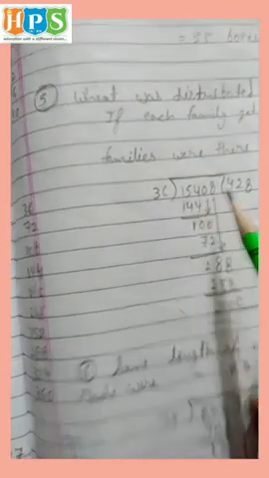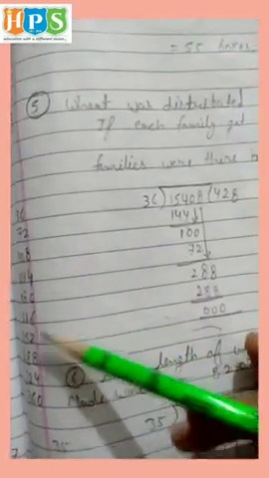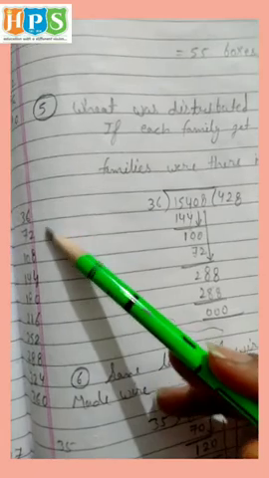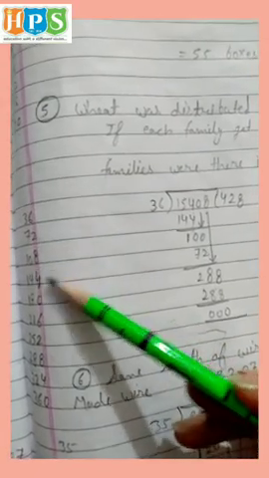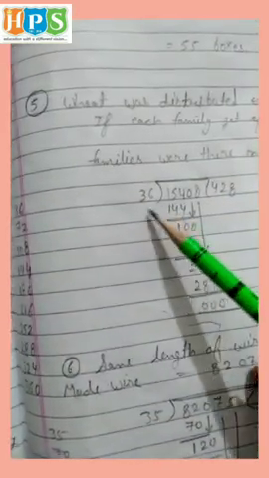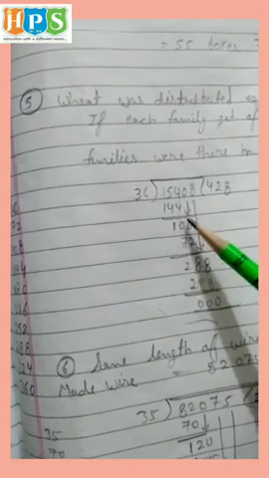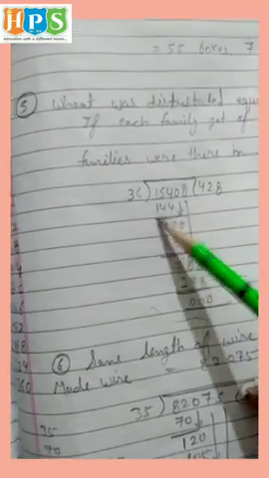154 does not come in the table, so 144 is the smaller digit, which comes at 4 times. 36 4s are 144, and we can subtract: 4 minus 4, 0; 5 minus 4, 1.